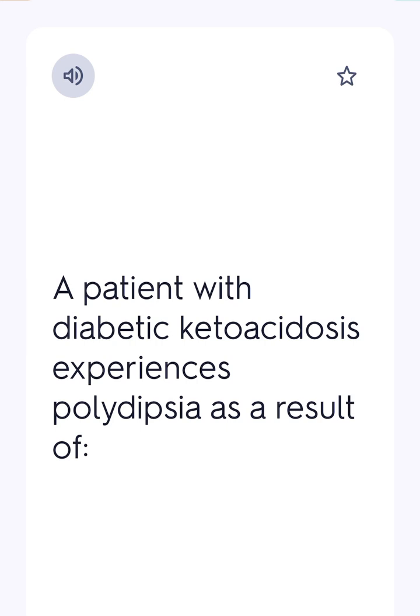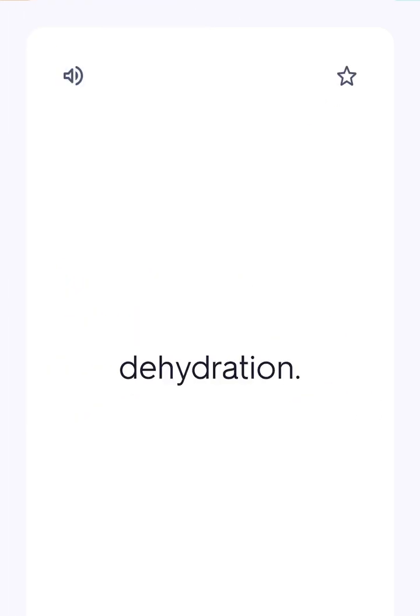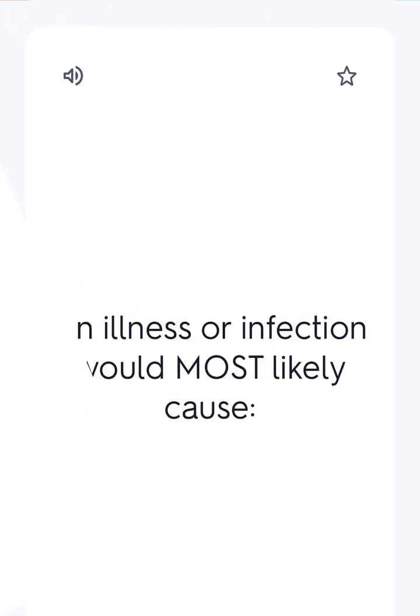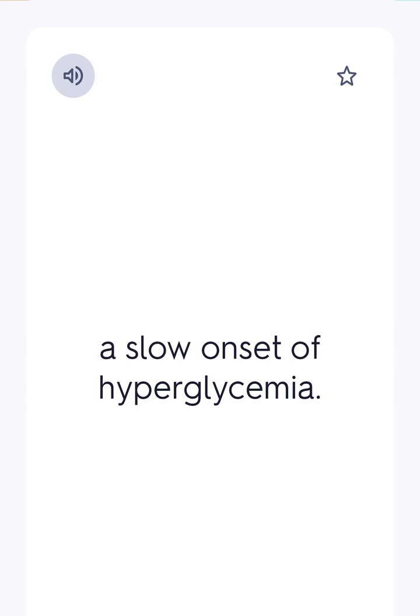A patient with diabetic ketoacidosis experiences polydipsia as a result of dehydration. An illness or infection would most likely cause a slow onset of hyperglycemia.